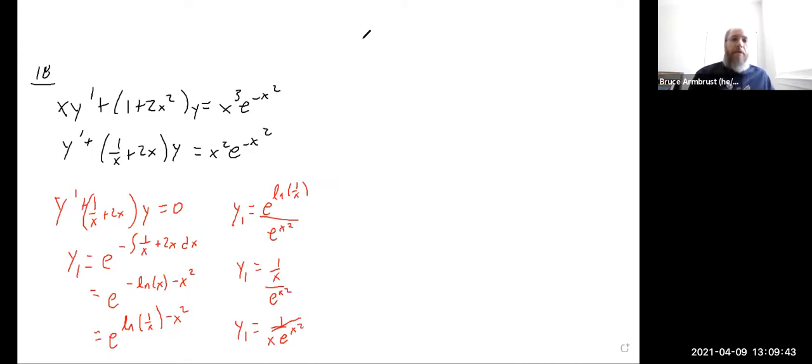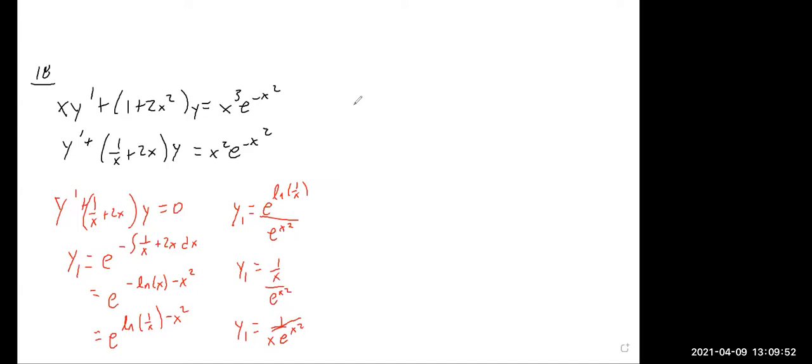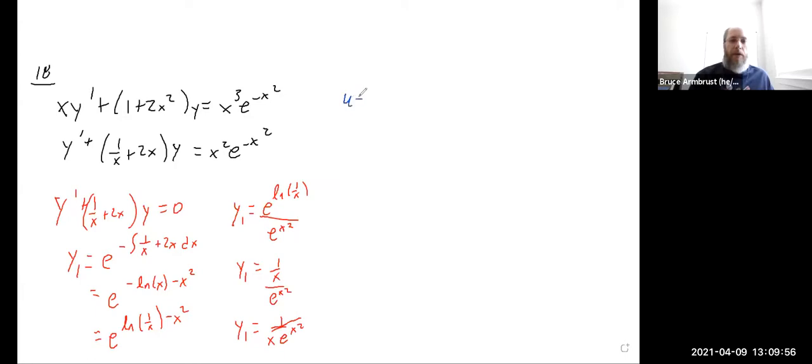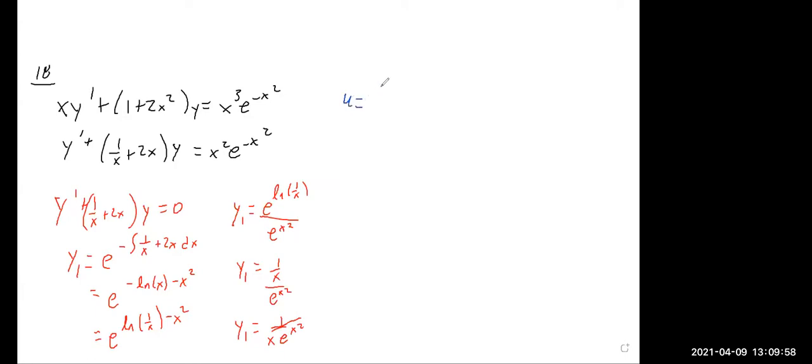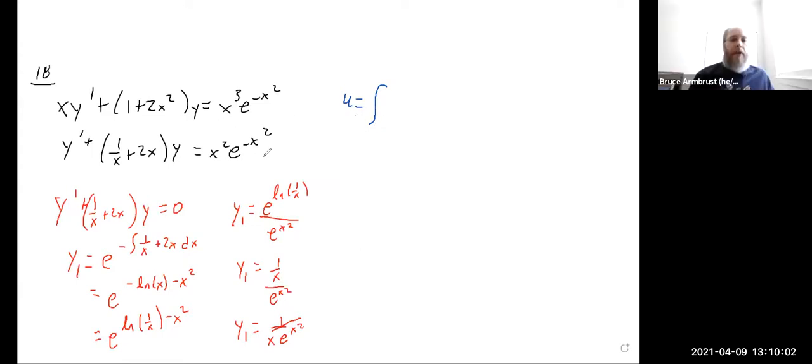All right, so we got our solution to the homogeneous. Now what do we do? Need to find U. How do we find U? The integral of f of x over y1. So it's going to be f of x, the non-homogeneous function.